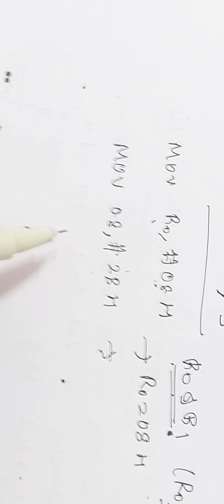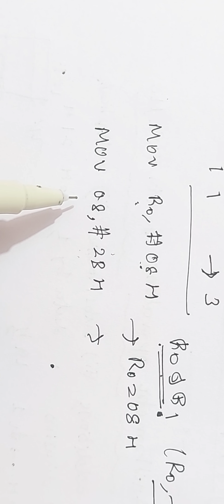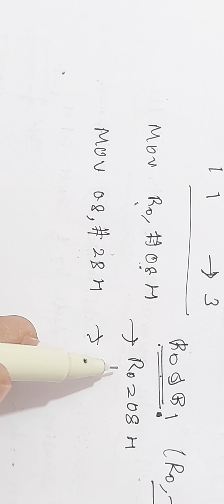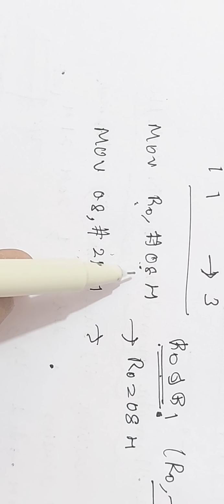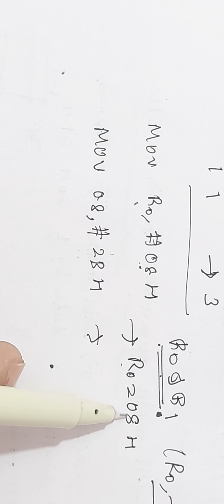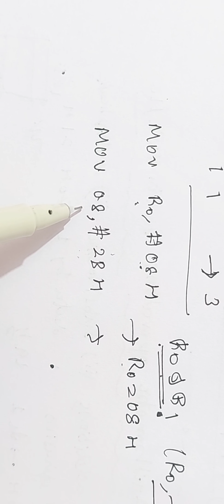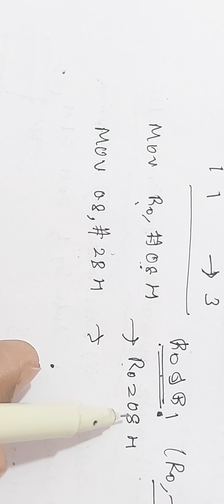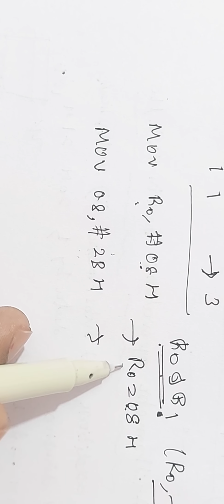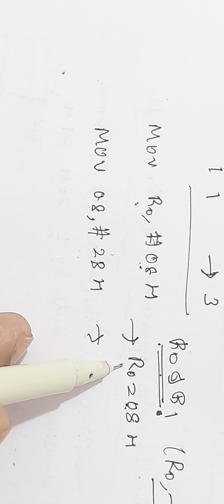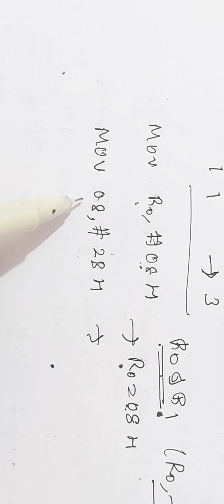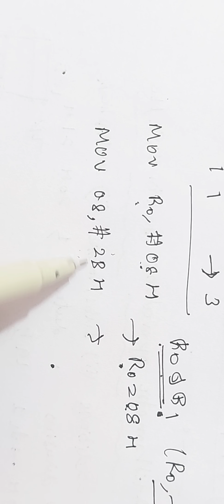What does this imply? Now 08 becomes the address of R0. I have loaded 08 into R0. Therefore, R0 is equal to 8. Here I have mentioned the destination as 08. The destination address 08 means it is the address of register R0. Now the address of register R0, that is 08, contains the number 2B.